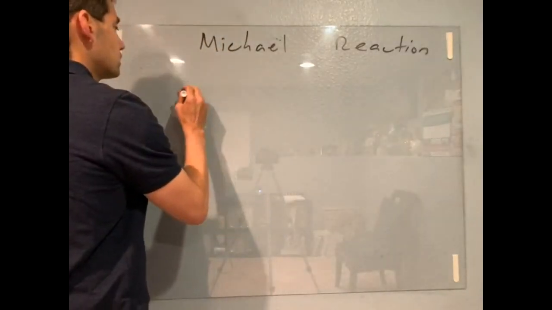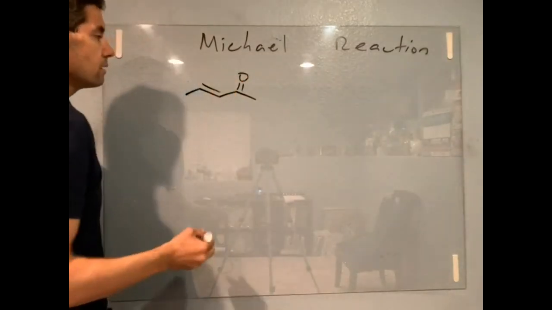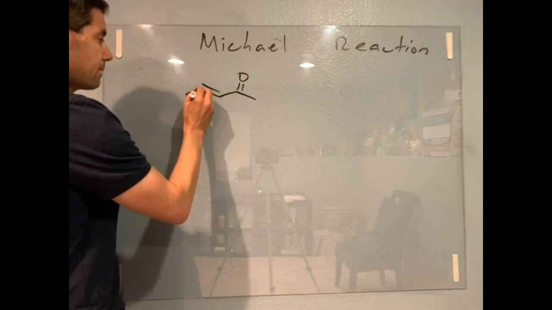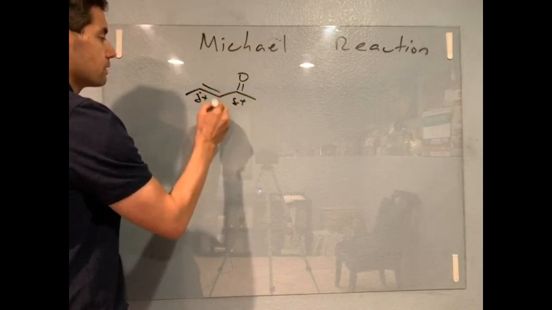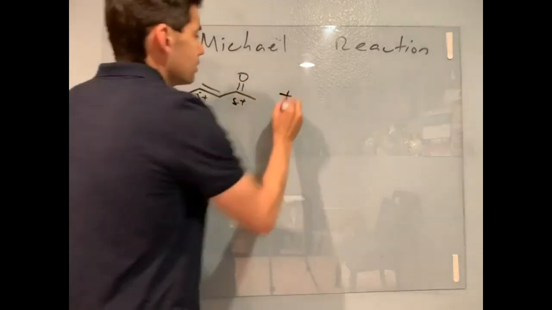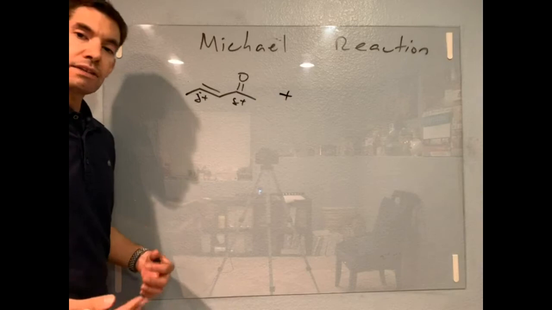So let's draw in our carbonyl again. And this time, we want something that's going to attack that beta carbon there, because we know this is partially positive and this is partially positive. We want to attack this carbon. So we want something that's slightly less nucleophilic than our Grignard.